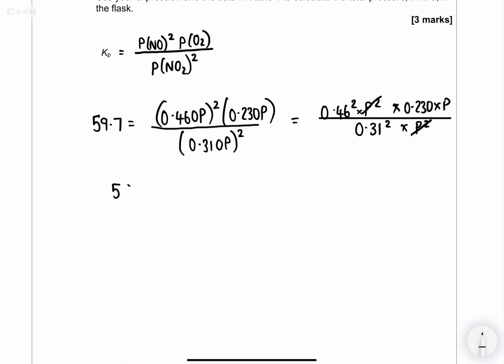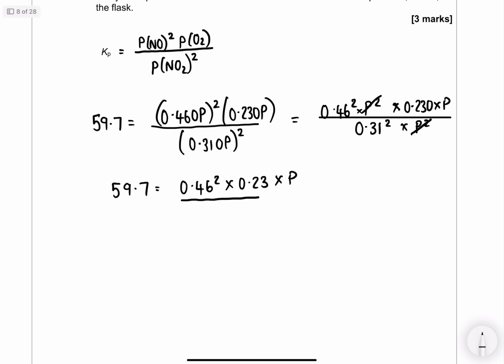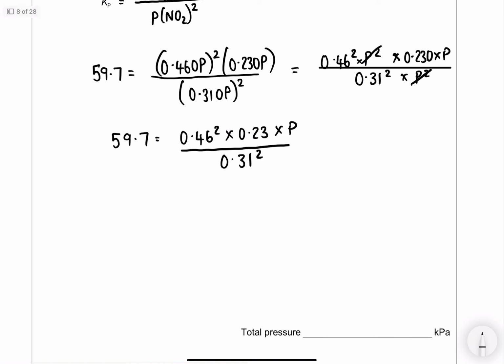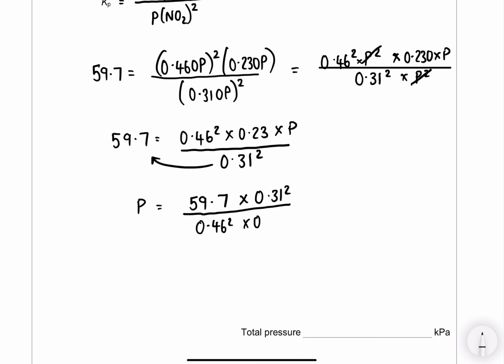So 59.7 equals 0.46 squared times 0.23 times p divided by 0.31 squared. So we'll be able to find p. The 59.7 is staying where it was, and we're going to multiply up by 0.31 squared and then divide by 0.46 squared and 0.23. That leaves us with p on its own.